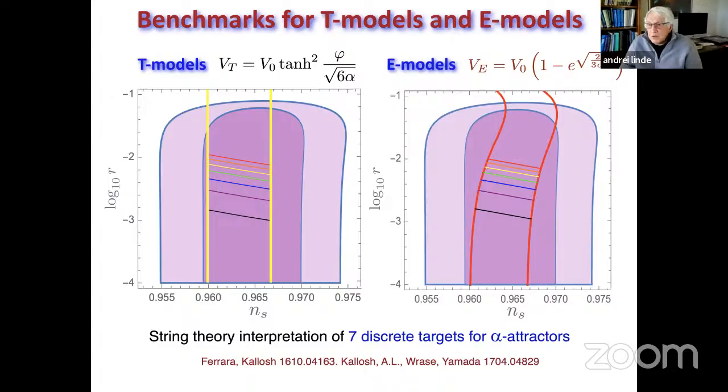Maybe I misunderstood your question, because there may be an answer to this. If you not just say R plus R squared or whatever, but if you ask whether it is possible to introduce a non-minimal coupling of phi and R which would reproduce alpha attractors, the answer to this is known as positive.